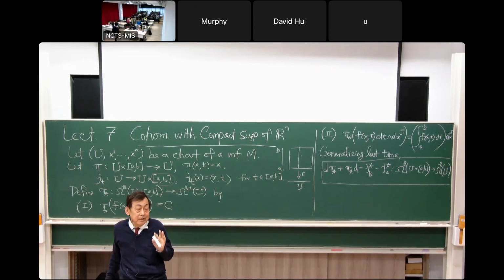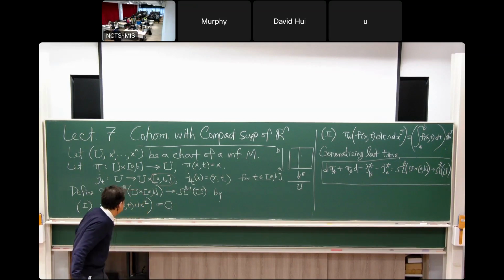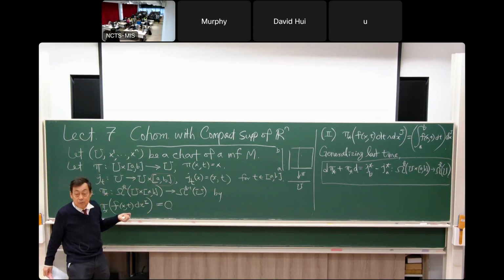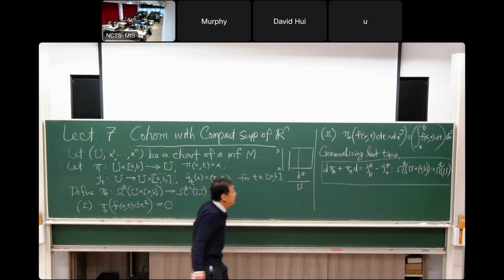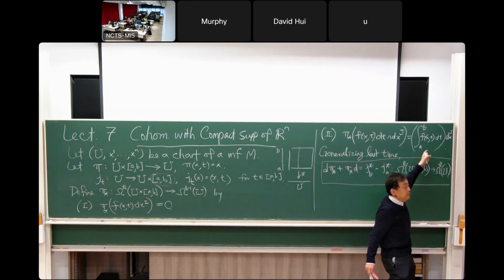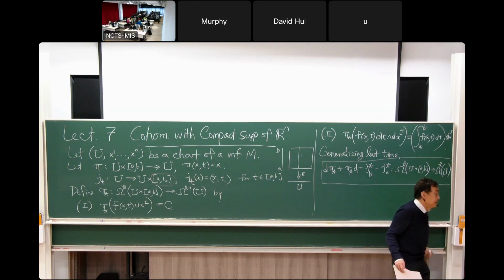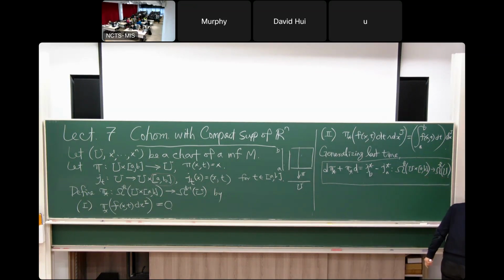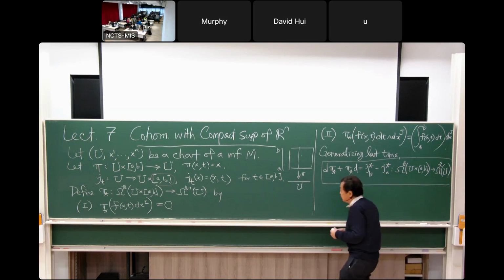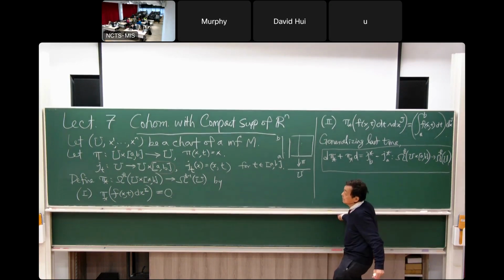But you can do that if your form has compact support. Okay? So if f has compact support, then you can integrate from minus infinity to infinity. Okay? And that's what we want to do today, right? We want to calculate cohomology with compact support.